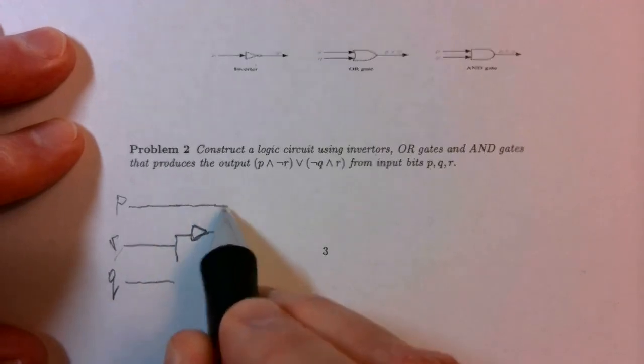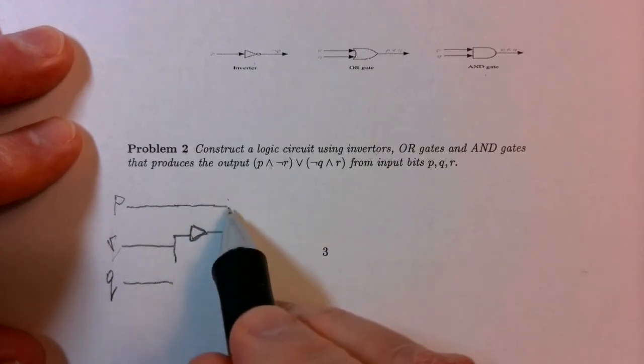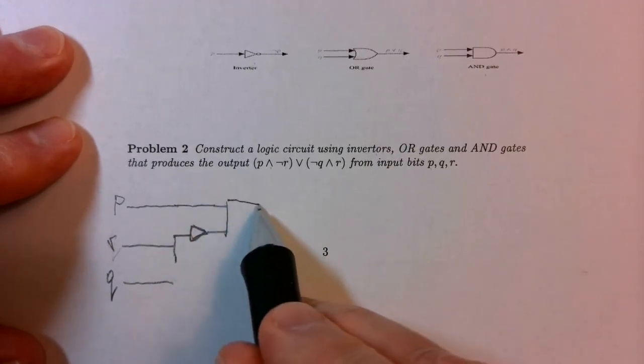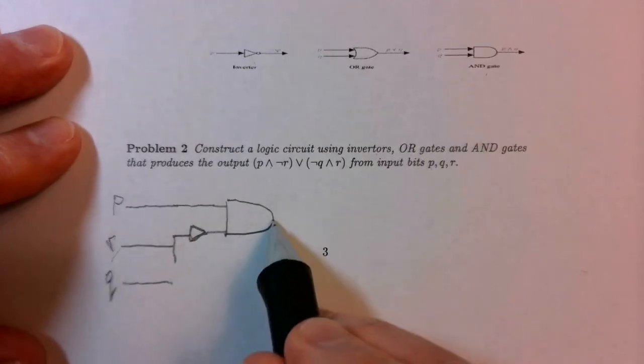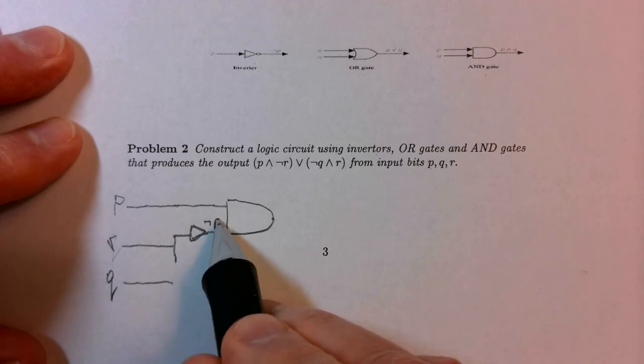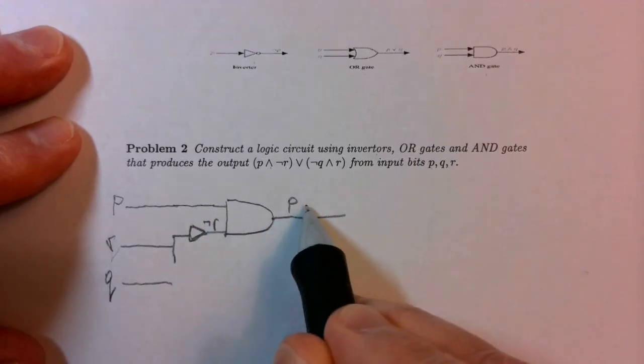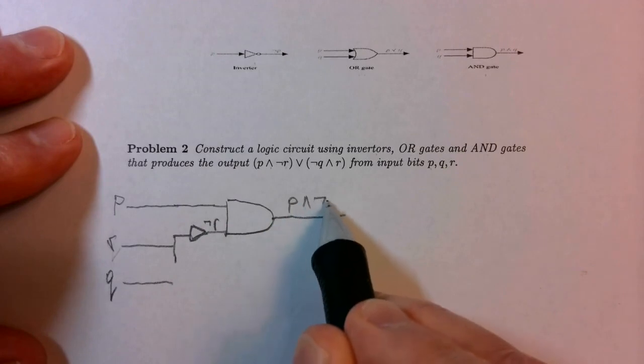Then we need AND of those two. So here I need an AND gate. So here I have not R. Here I have P and not R.